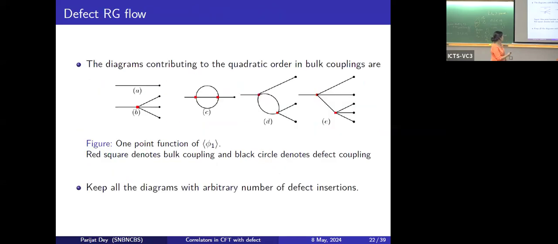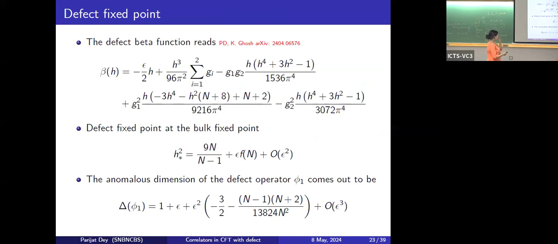Okay, so with this, we end up getting the anomalous dimension of the defect operator phi 1, which is computed using the derivatives of this beta function.